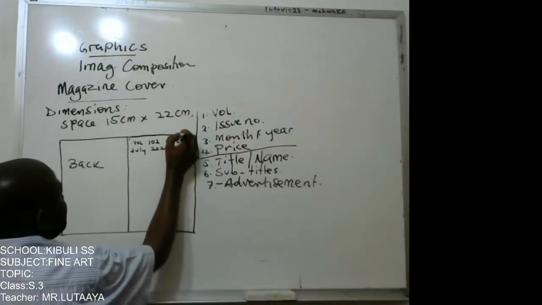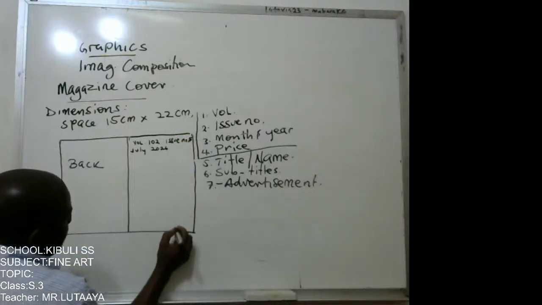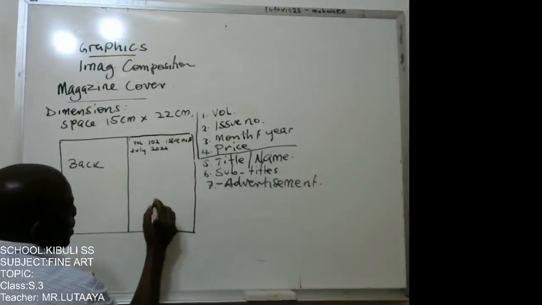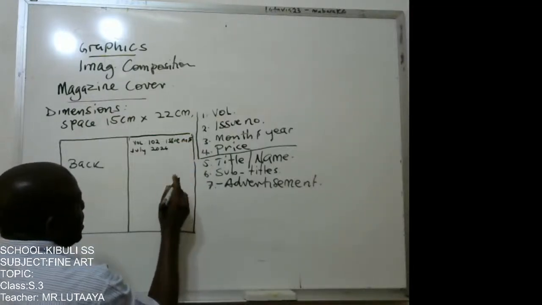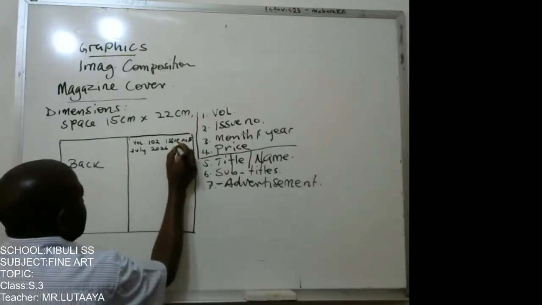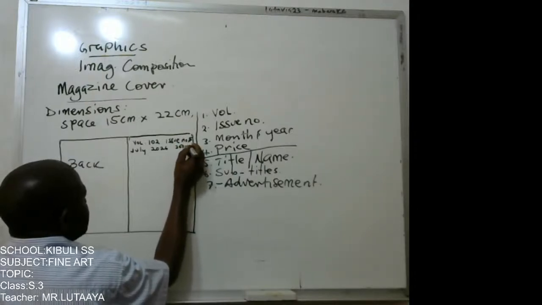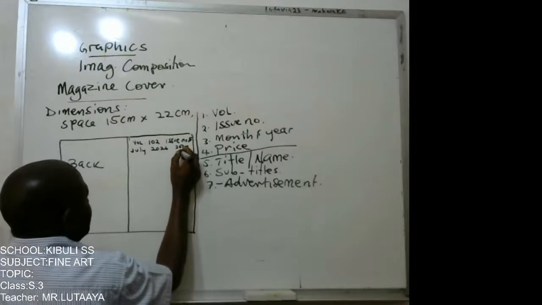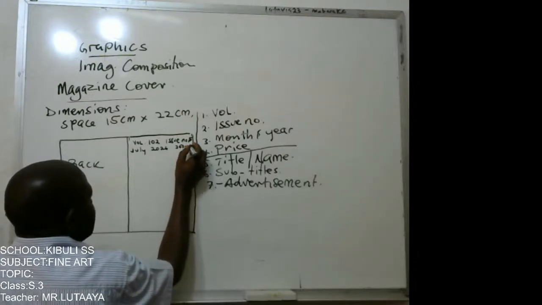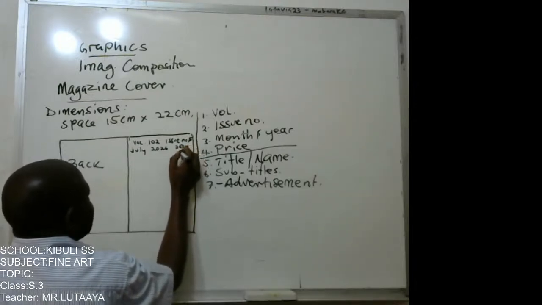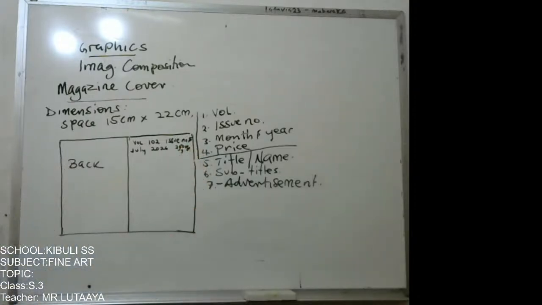You can start with it up here, or bring the price down here, depending on the artist or the way you design. You can say 25,000. Sometimes they say K, or Uganda shillings, or Kenya shillings.